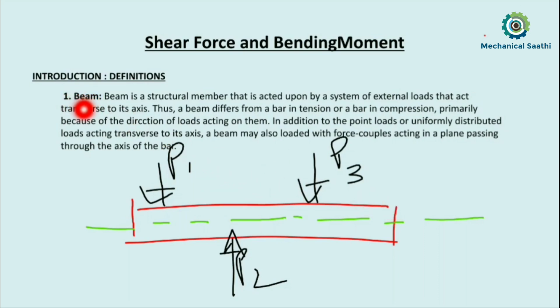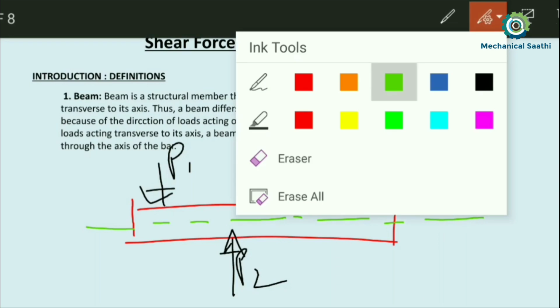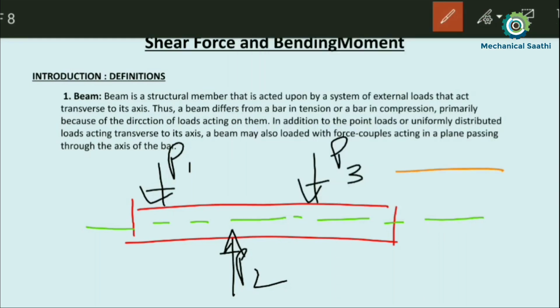In this way the beam differs from a bar, because in the case of a bar we can apply any tensile force or compression force. Suppose I consider this as a bar. Then here I can apply a force in this direction or a force in this direction.